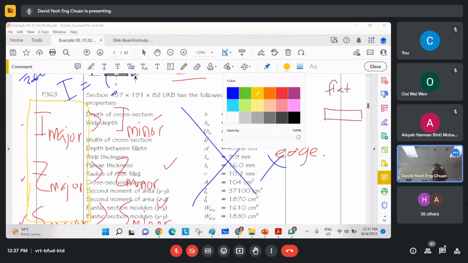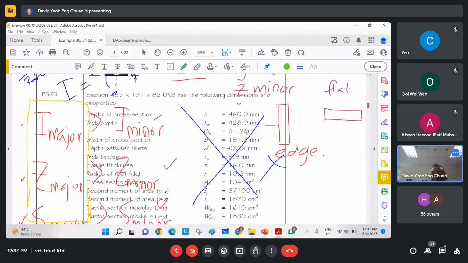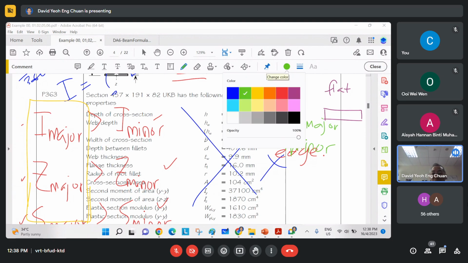So if you look at it like this, that's your major, and this will be your minor. So if you want to put it in the context of steel, UB section, then we draw it. I'm trying to choose a pen color so you don't mix up.